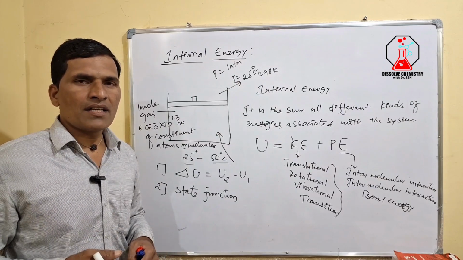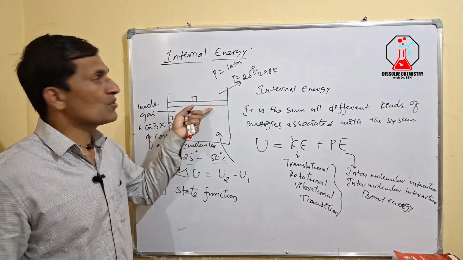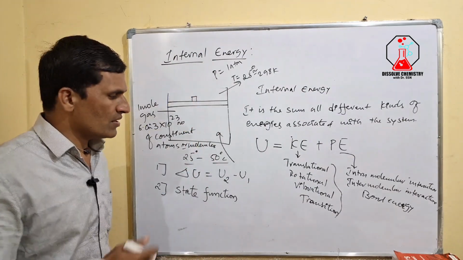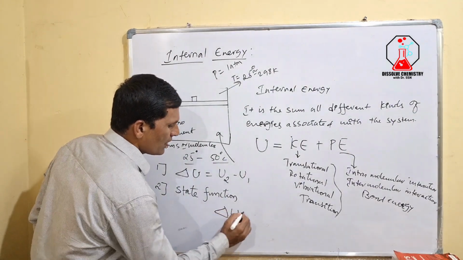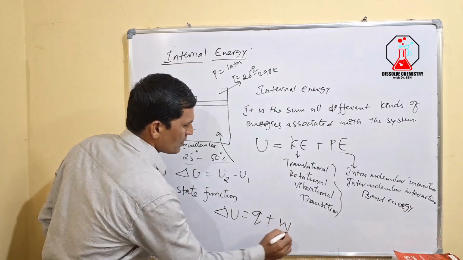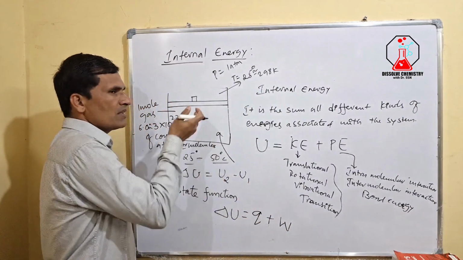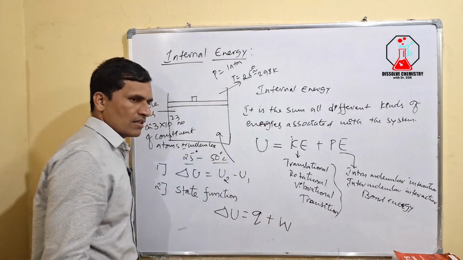As internal energy increases, a certain amount of energy may be utilized to lift the piston up. Therefore we say the change in internal energy is equal to Q plus W. The amount of heat Q is absorbed by the system, and it is doing certain work, which we call W.